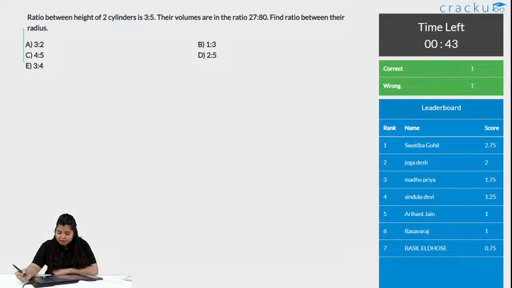Okay, one person got this correct and one wrong. Thirty seconds remaining and 3 people got this correct already.